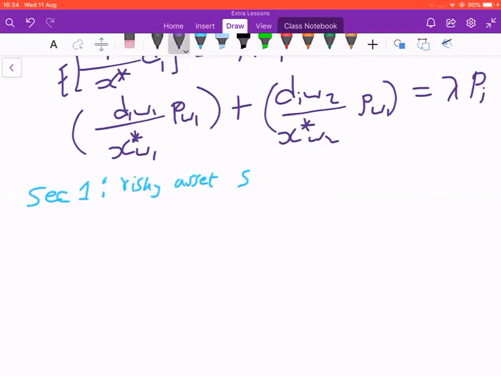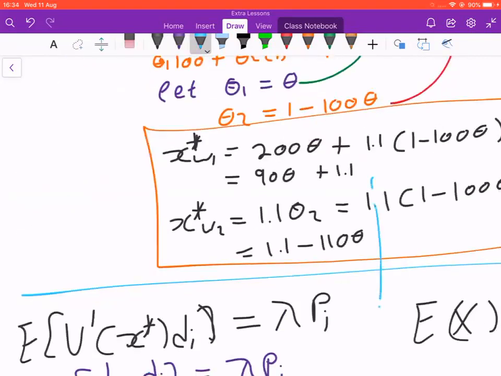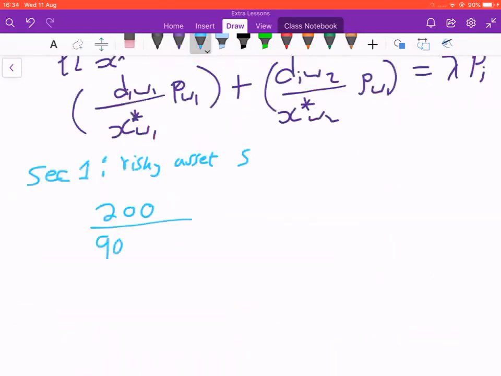And X we already know is going to be 90 theta plus 110, and the probability is going to be 0.5 because they say that the probability of state one is 1 over 2, which is 0.5.